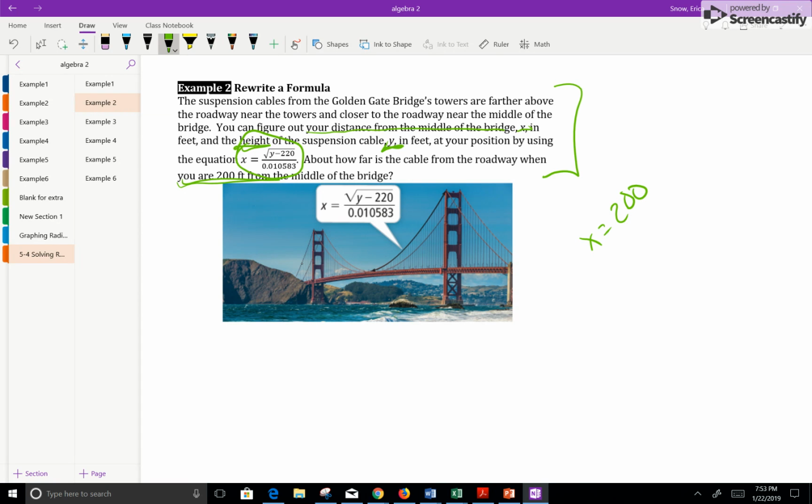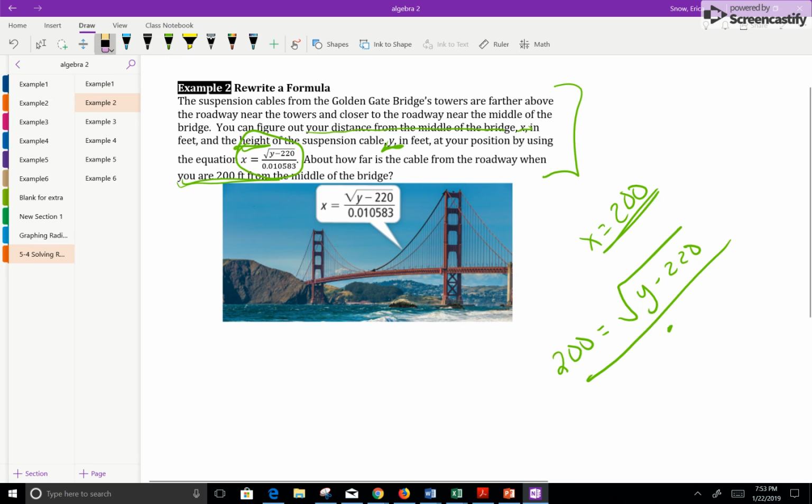So all we're going to do is take that value and plug it into x in our equation. So we get 200 equals the square root of y minus 220 over that really long decimal, 0.010583.